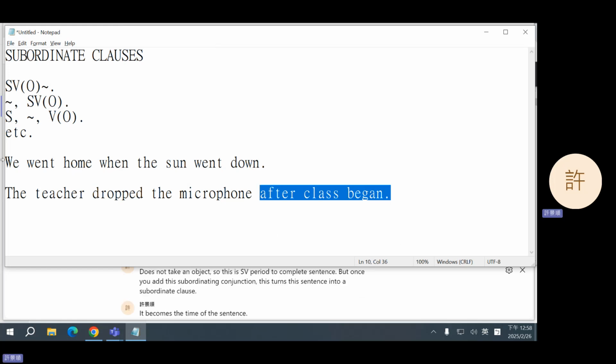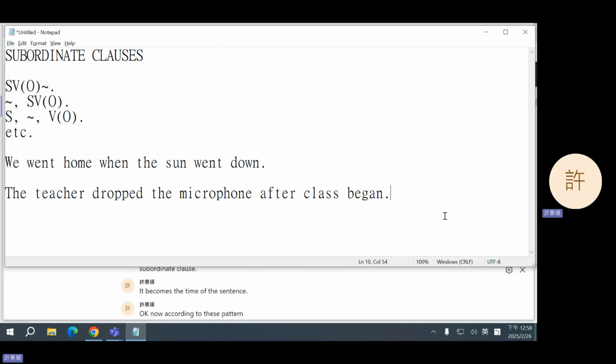Okay, now, according to these patterns above, you can add the subordinate clause in different places throughout the sentence. I will demonstrate now.